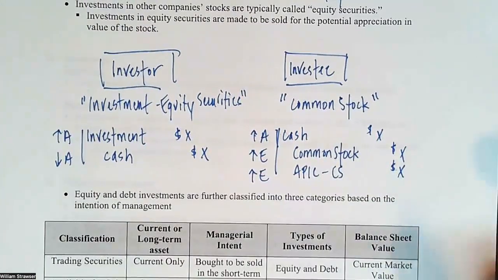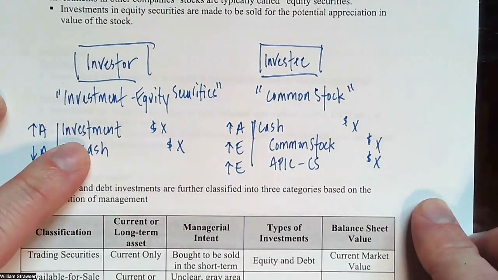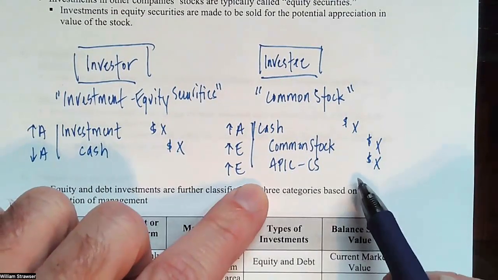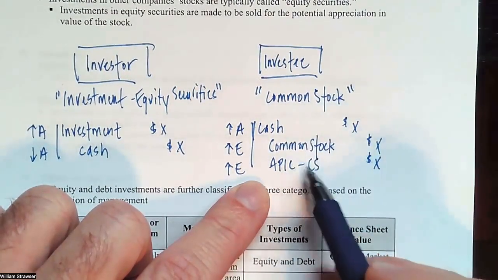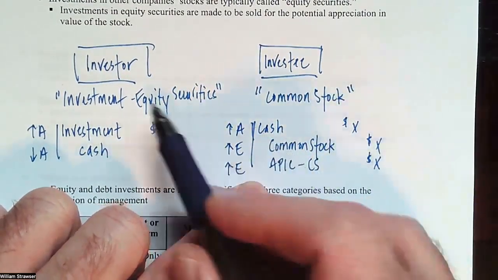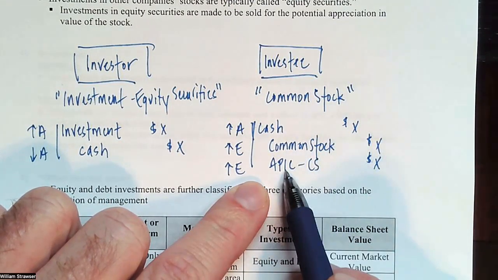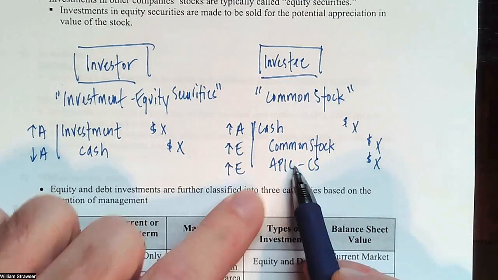Right? Over here, this asset to the investor is an investment. Of course, a credit to cash because they had to buy into the common stock of the company. And if this were a new stock issue, then the person who received the funds from their new investor would debit cash and credit equity accounts as they issue new stock.